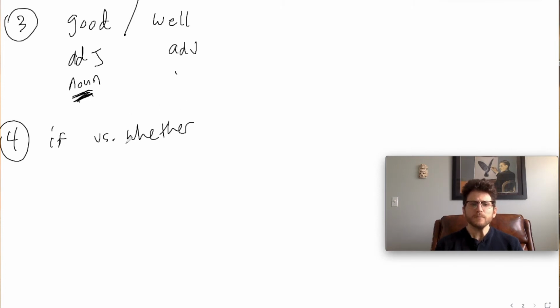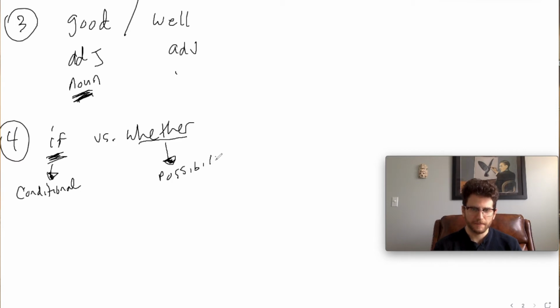And just to spell out for you, when you are using if, you're using what's called a conditional. When you're referring to whether, you are asking about possibility. Now this is really abstract, and I'm going to explain in a second.